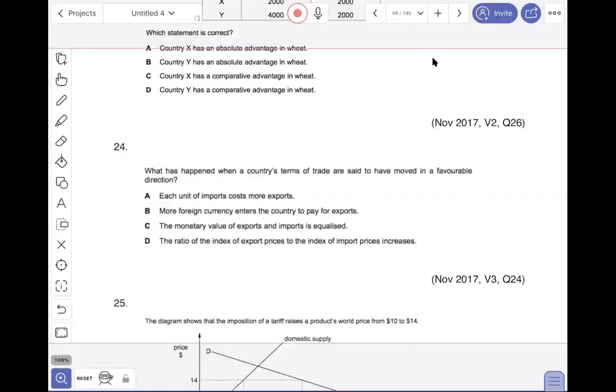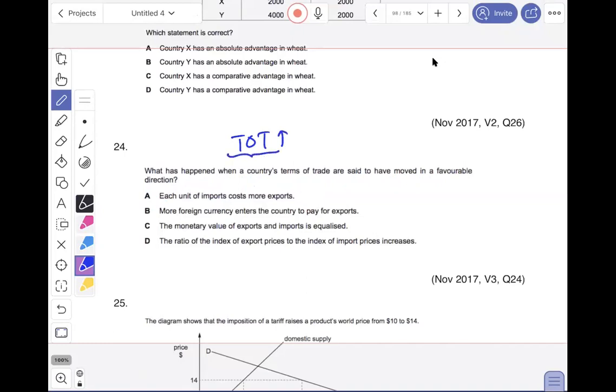Hi, guys. So let's look at question number 24. What has happened when a country's terms of trade are said to have moved in a favorable direction? So they're saying terms of trade is going up. What could be a possible answer for this one? Anyone who can tell me the answer? D, exactly.